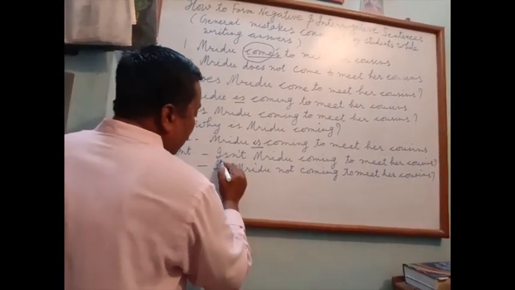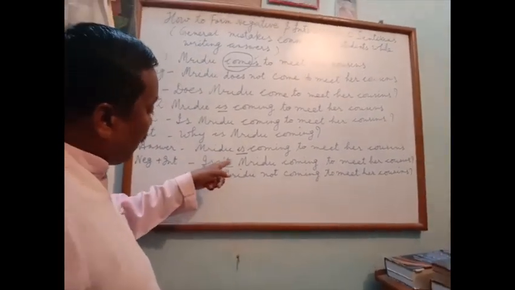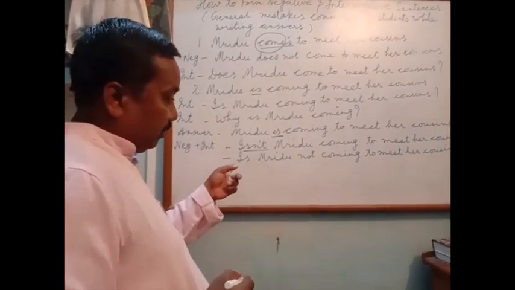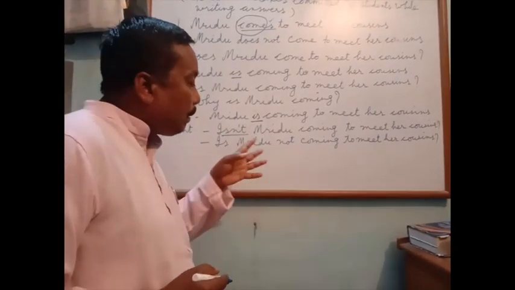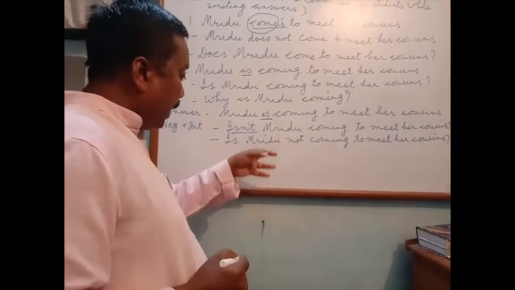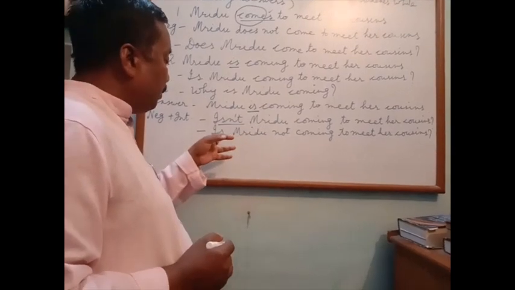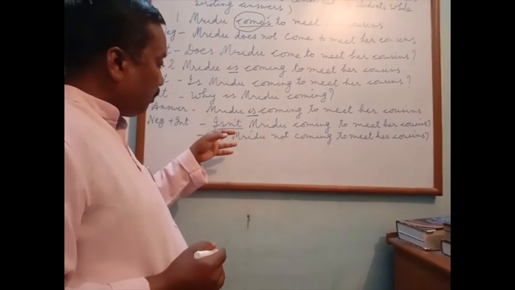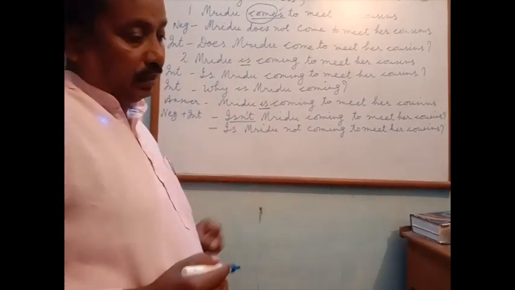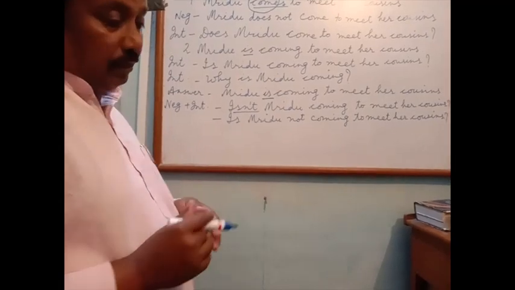This is the contraction form. Is and not are put together. Here is and not are used separately, that's why the subject is used between the helping verb and the negative word. But the contraction form is like this. Here the students generally commit mistakes.